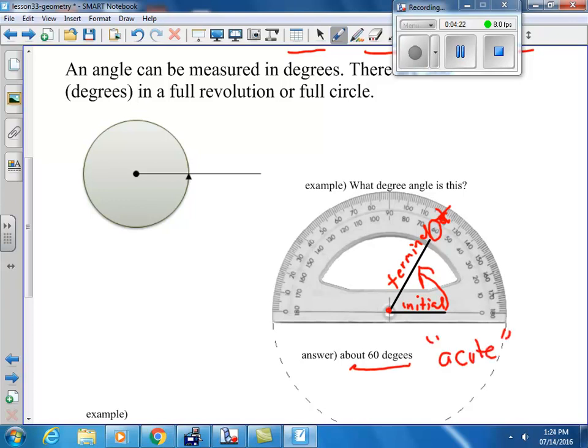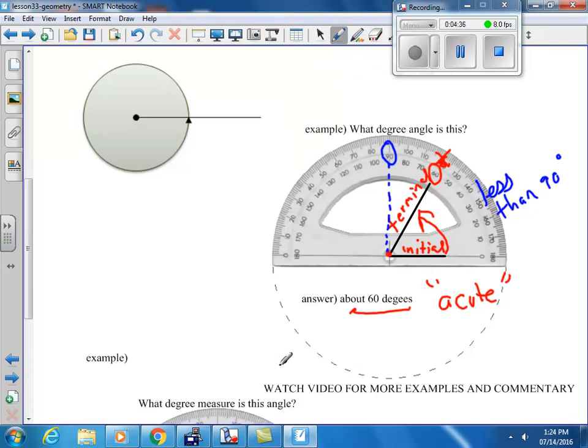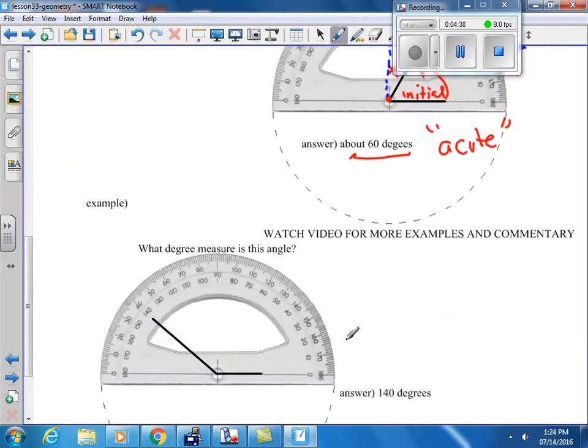And it makes sense because we know from the gate that here's the 90 mark. We know that whatever the measure of that angle is, it's definitely less than 90 degrees. We know that before we even get a protractor out. Likewise, take a look at this one. The mouth opening from the initial side to the terminal side, whatever it is, we know that it's definitely greater than 90 degrees, that it's obtuse.